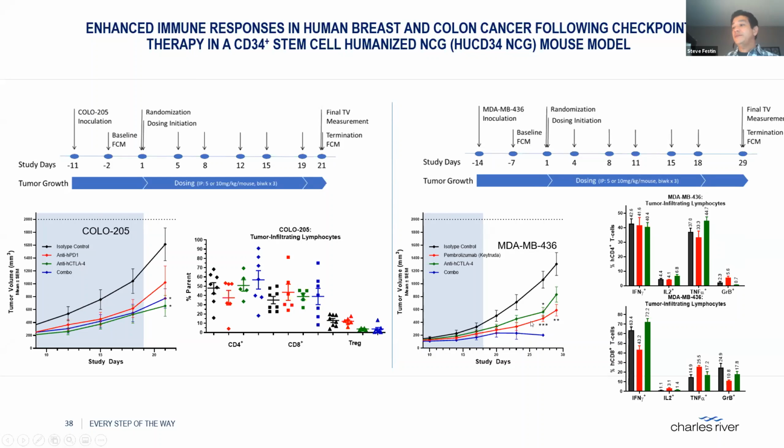And so in this case, again, we see modulation of the growth. We see a pretty significant effect of the combined therapy, but that actually led to significant animal loss in this particular study, so we're investigating that a bit more closely. But it was interesting that we did see a really clear difference, especially in TNF alpha expression, in the MDA-MB-436.